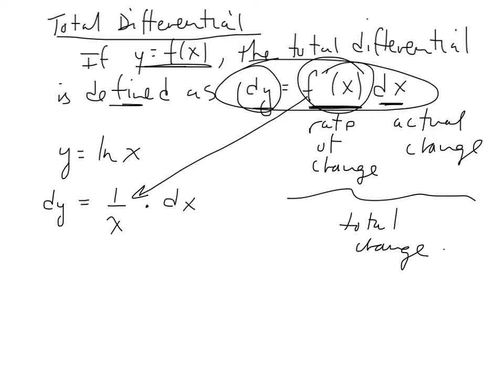Okay? This becomes important later on when we're looking at logged models in econometrics, because anytime we see d log x, we can write it as dx over x. Okay, so we're going to see that a bit later.